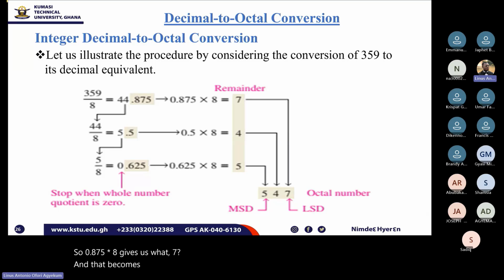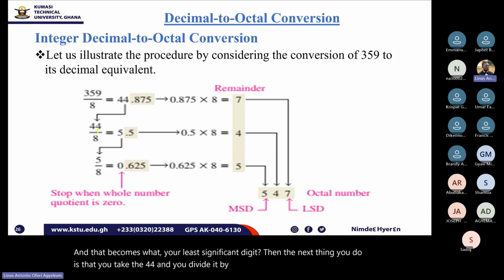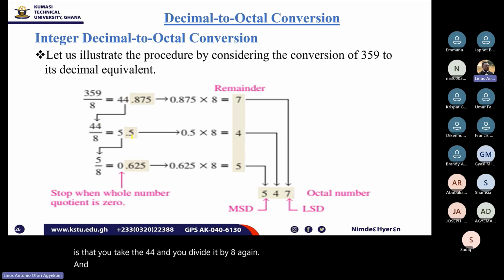Your least significant digit. Then the next thing you do is that you take the 44 and you divide it by 8 again. And you get 5.5. So you take the 0.5, multiply it by 8, and that gives you 4. Then the next one is taking the 5, dividing it by 8, and that gives you 0 point something.